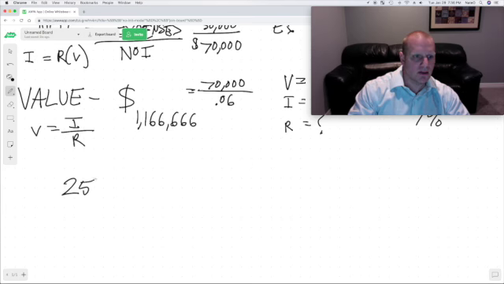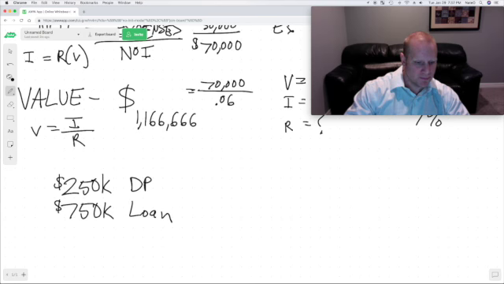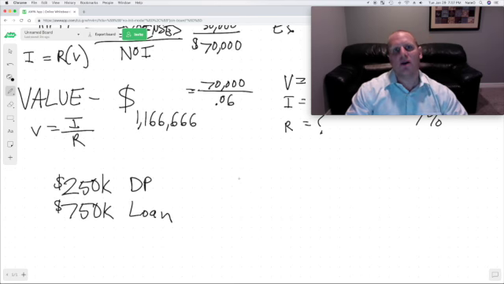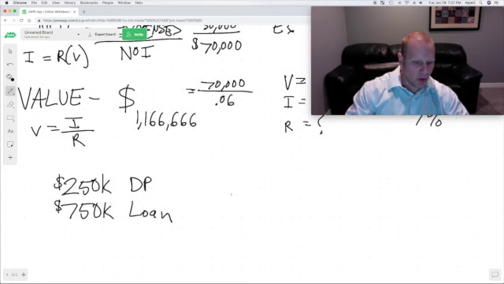Let's summarize this. We're putting $250K as the down payment, and we're borrowing the other $750K. So we need to figure out what the annual debt service is. There's online mortgage calculators for it, and what this comes out to be at that 5.5% interest amortized over 25 years is your monthly payment is going to be $4,606.